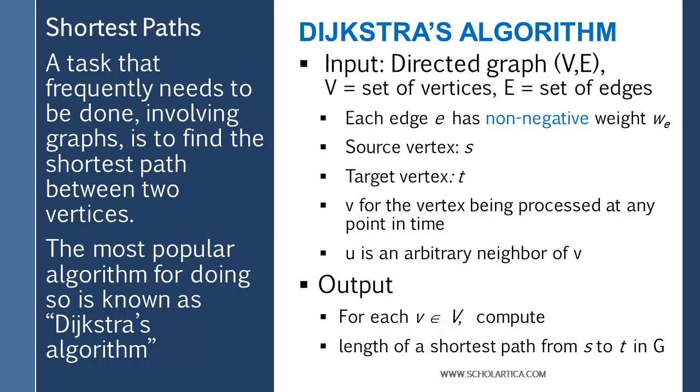We'll work with undirected graphs, but the same reasoning could easily be adapted to achieve a digraph version of Dijkstra's algorithm. The way Dijkstra's algorithm works is by beginning with S, focusing in on S first, and then steadily discovering vertices that are further and further away from S.